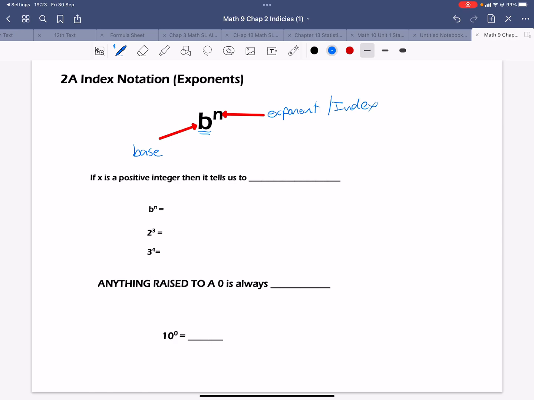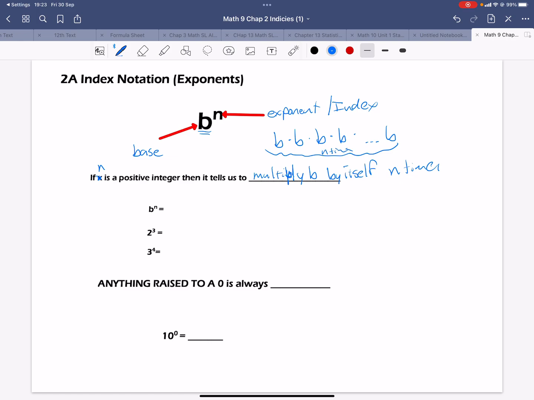And if you think about it this way, every single time, if n is a positive integer, then it tells us to multiply b by itself n times. So this is just b times b times b times b times ... b, and we just do this n times. So that's what you have to think about every time you do this.